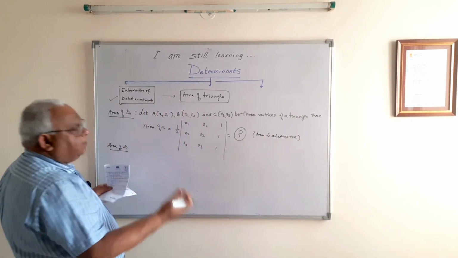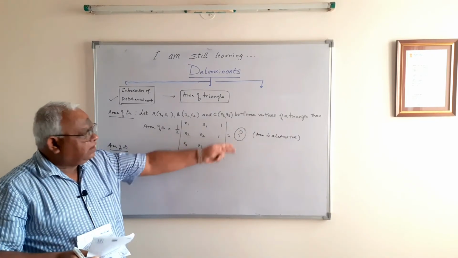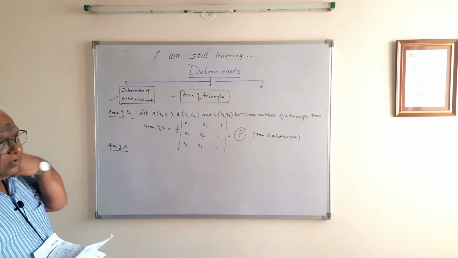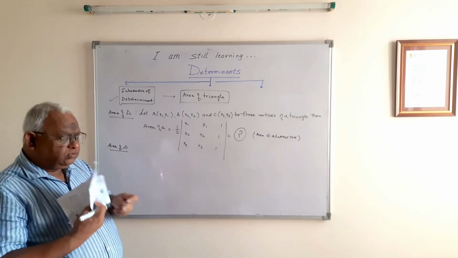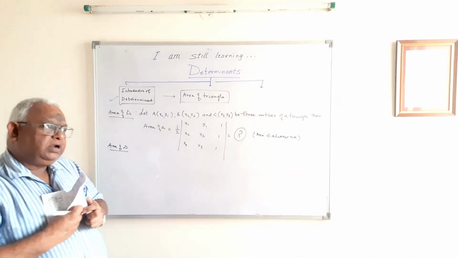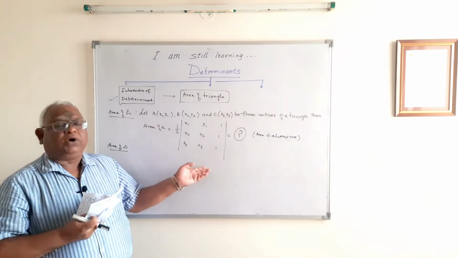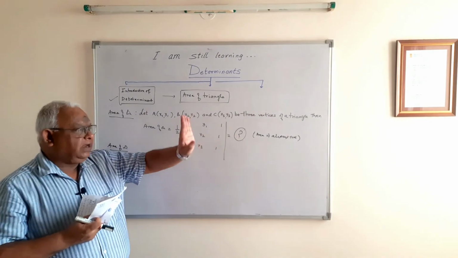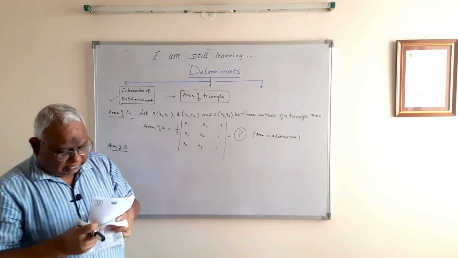Sometimes while doing the calculation it may come out negative, because it depends on how you are operating, or in a few questions the answer itself comes negative. In that case we neglect the negative sign, because area cannot be negative. Okay.